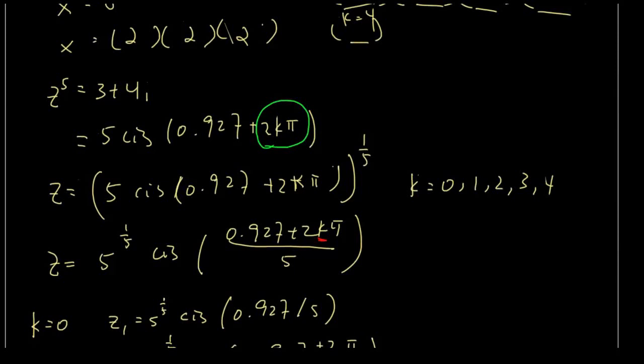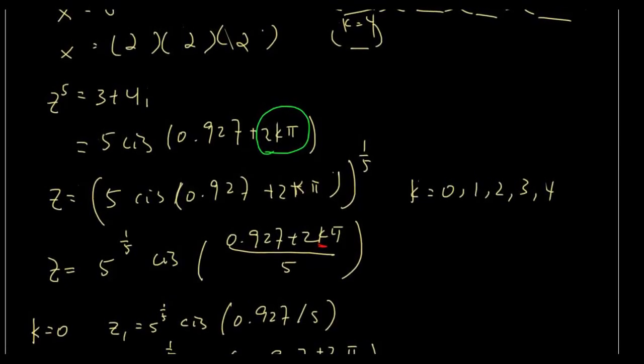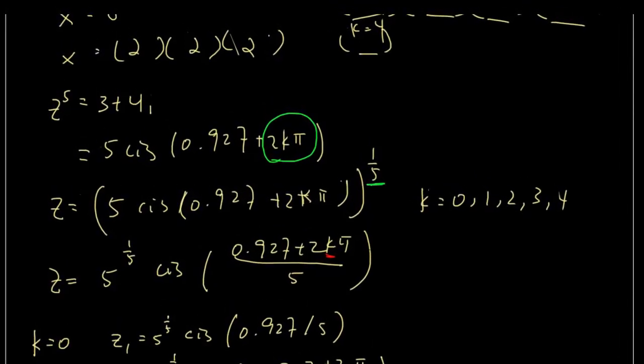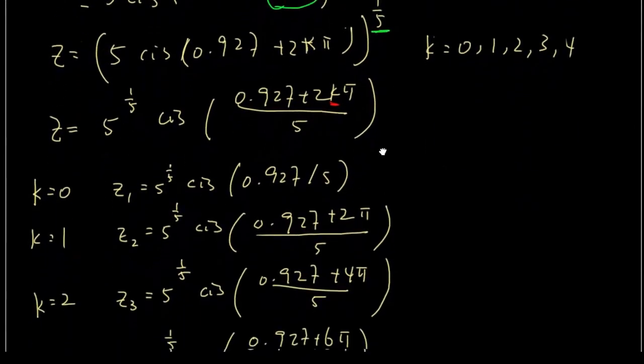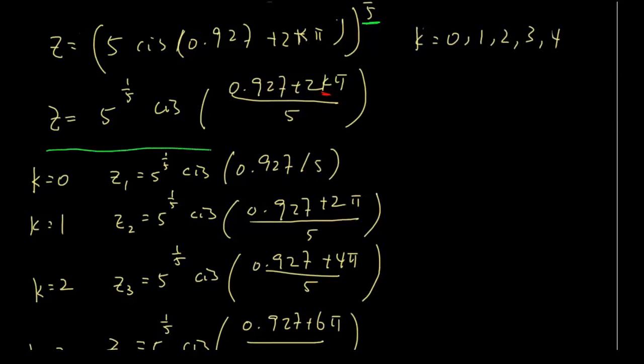Next, we have to get rid of the fifth power by raising the right hand side to the power of 1 over 5. And from De Moivre's theorem, we obtain this equation here. Keep in mind, dividing by 5 means that everything on the top is divided by 5.